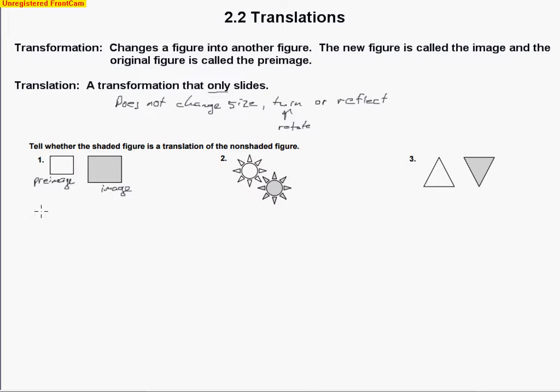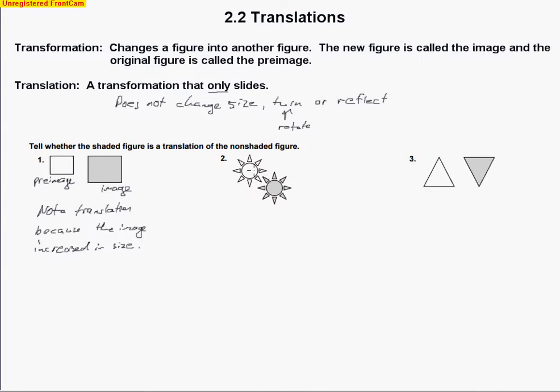So we would say not a translation because the image increased in size.